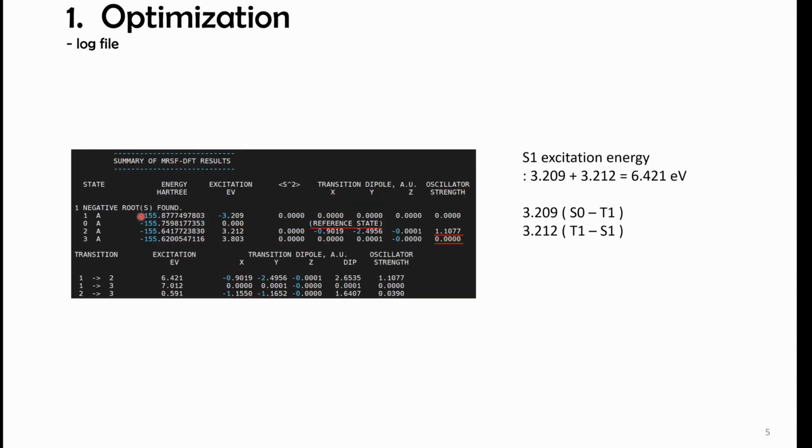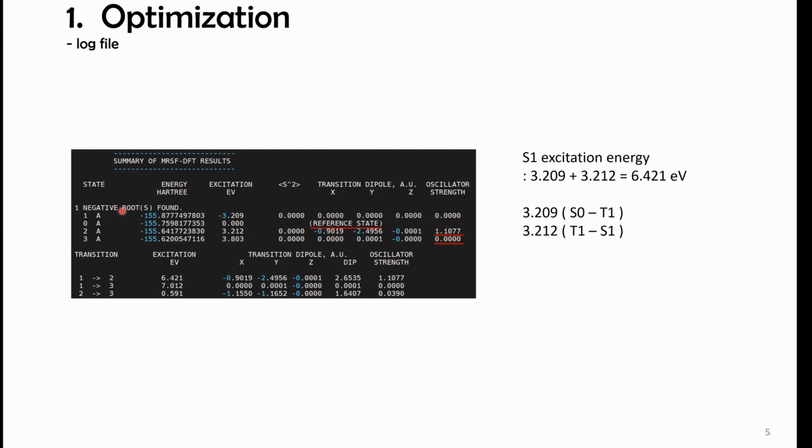And there is a table for the MRSF calculations. This column is the index, and this column is the symmetry, then the energy in Hartree, the energy in electron volts, the S square value, the transition dipole in three columns, and the last column is the oscillator strength.